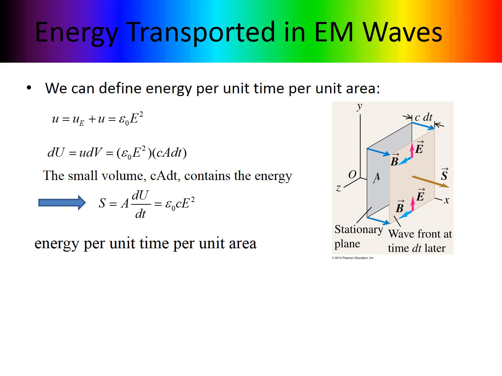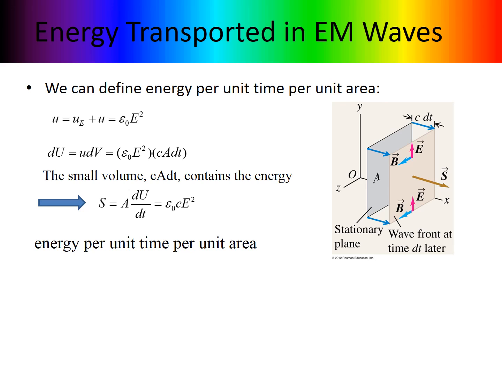And if we multiply our energy density times that volume, we're going to get a small amount of energy passing through that area, dU, in a given amount of time. If we divide that dU by area and by dt, we're left with the energy per unit time per unit area, which is really what we're interested in.